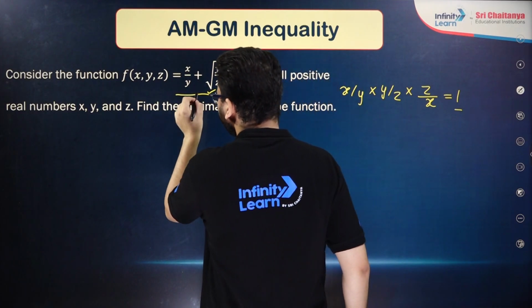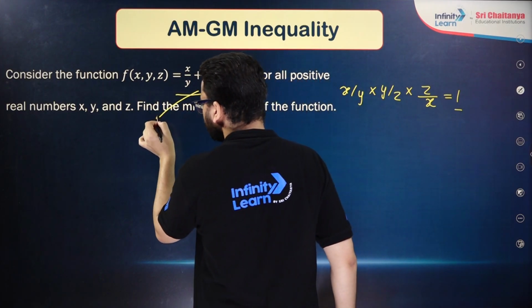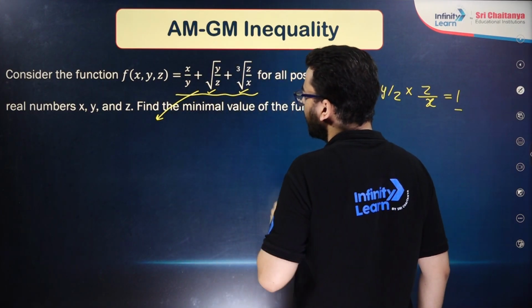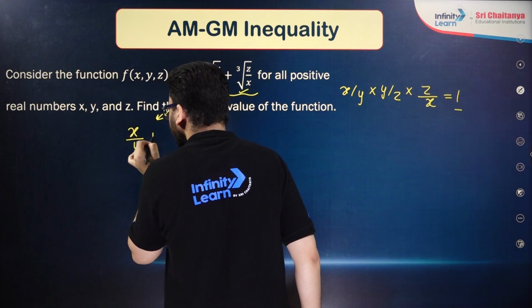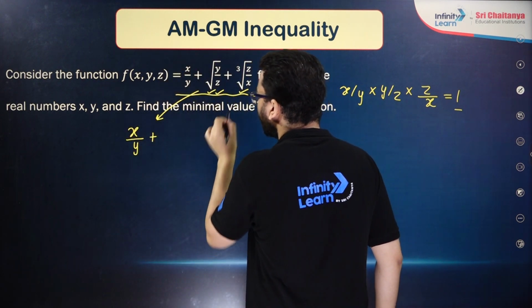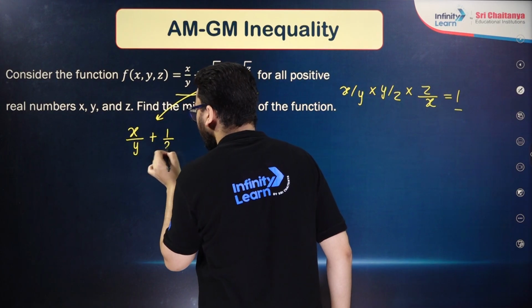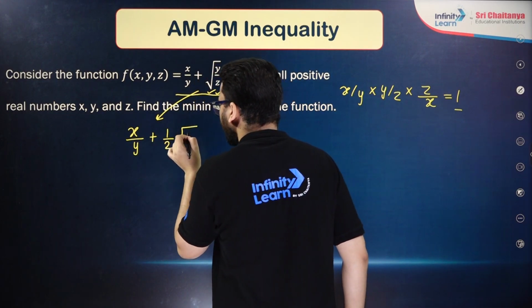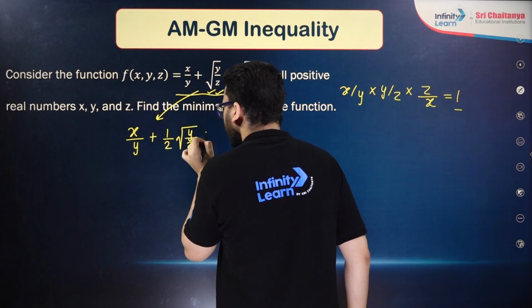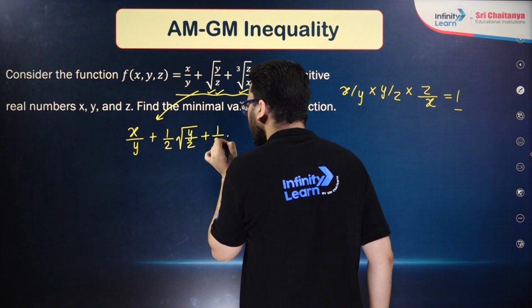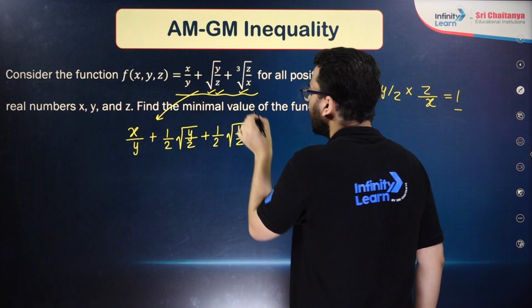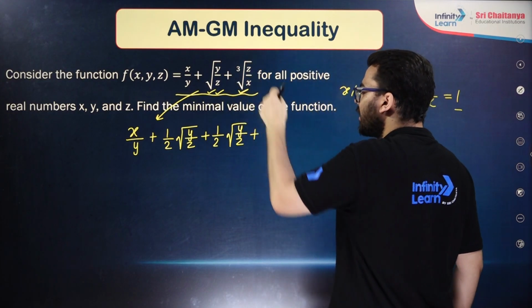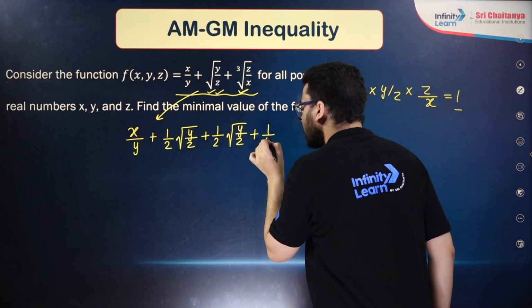See this, the same function, can I write it like this? x by y plus, you see this over here, can I write it like this? Half of square root of yz plus half of square root of yz. Yes, you can very well do that. Plus, can I write this thing? Can I break it into 3 parts like this?